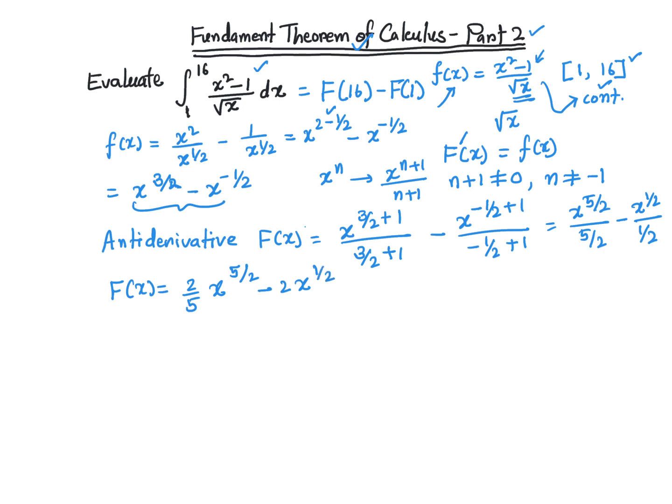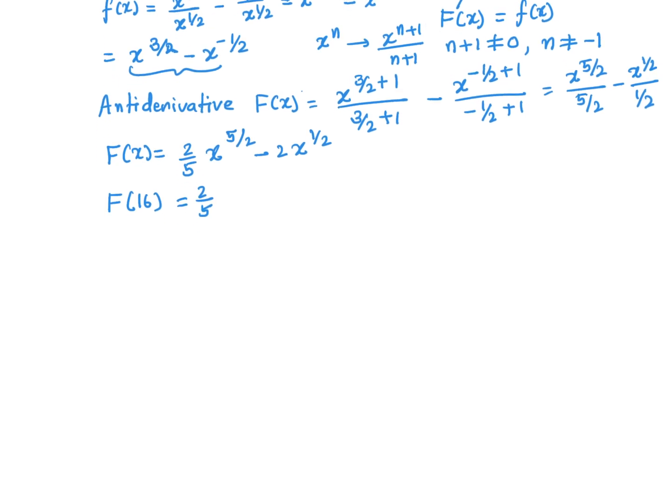Now we need to evaluate it for x equal to 16 and x equal to 1. So let's find F(16), which is going to be nothing but 2/5 times, with x being 16, I could write it as √16 raised to the power 5.